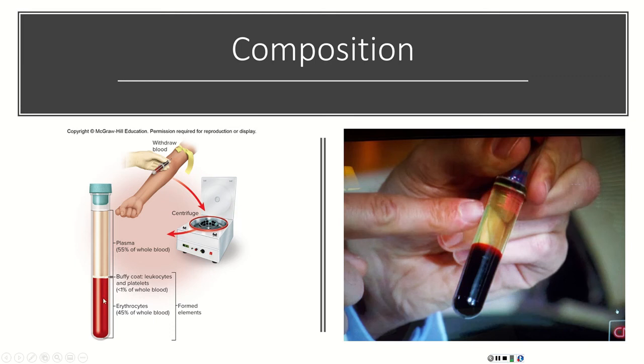The amount of red blood cells, this 45% or whatever it happens to be in our sample, is called the hematocrit. Hematocrit is the percent of whole blood made of erythrocytes or red blood cells, just as buffy coat is the portion of blood made of leukocytes, white blood cells, and platelets.